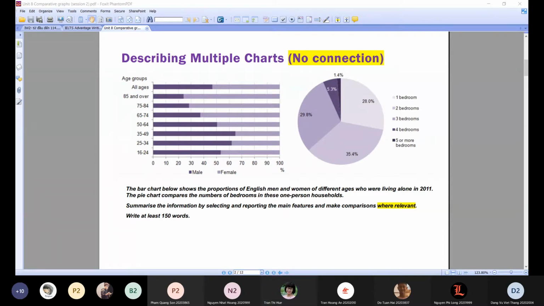What can you see outstanding from each of the chart? Please take a look carefully and tell me.